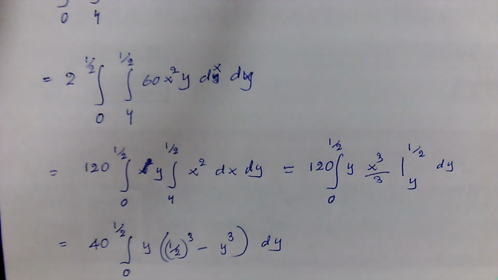So now I can integrate this. First I can factor out this y, because first I'm going to integrate with respect to x. In that case y is a constant, so I can rewrite it like this.